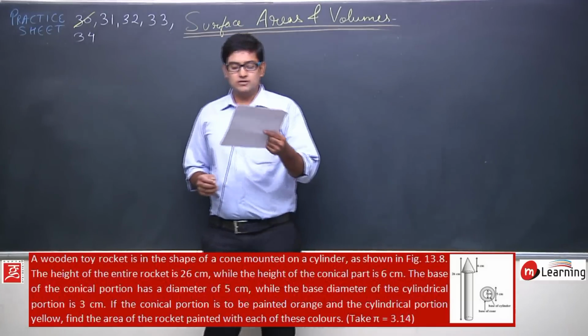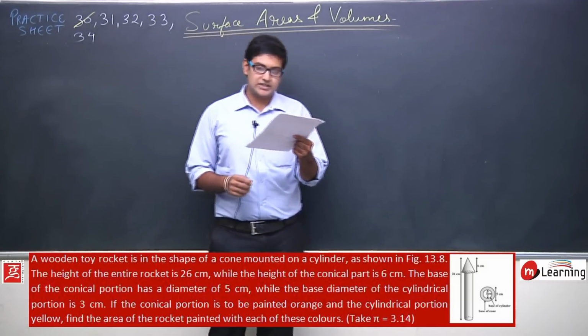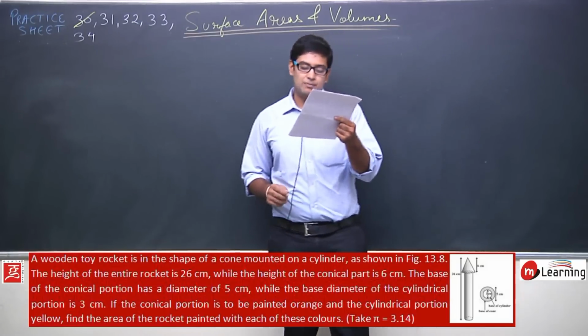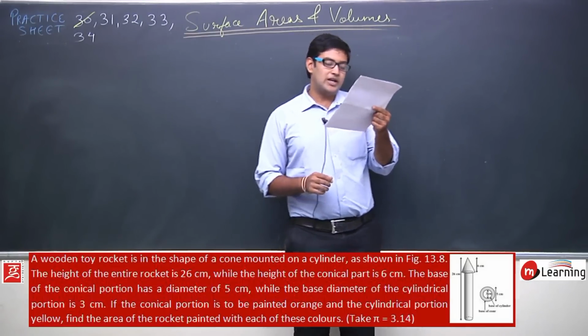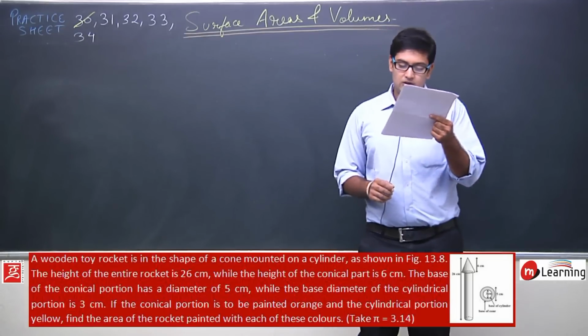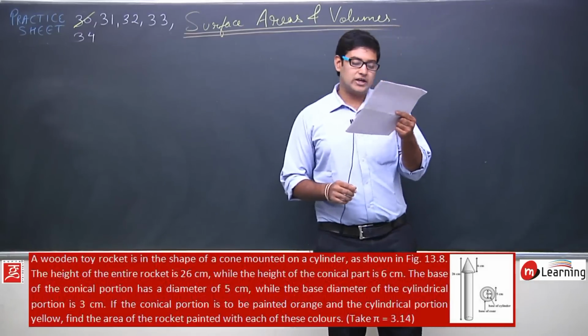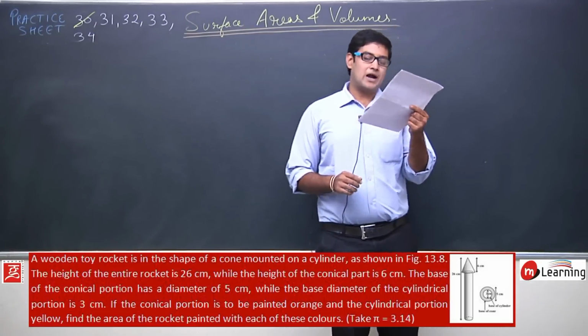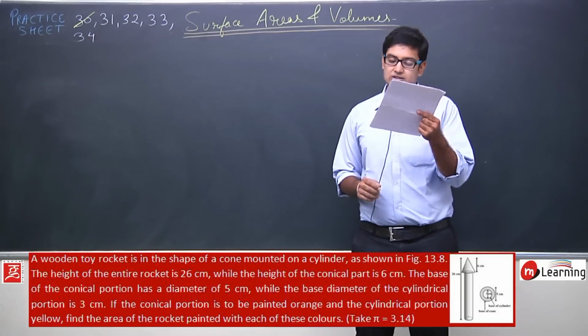Okay, let us now solve the 31st question from the practice sheet. It says a wooden toy rocket is in the shape of a cone mounted on a cylinder as shown in the figure. The height of the entire rocket is 26 centimeters, while the height of the conical part is 6 centimeters.